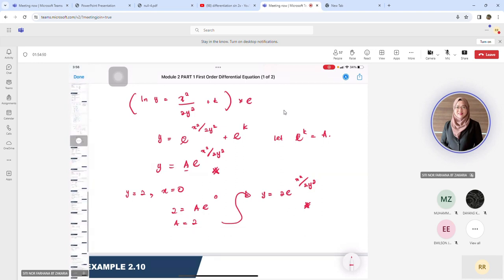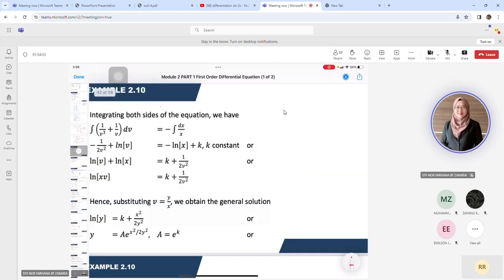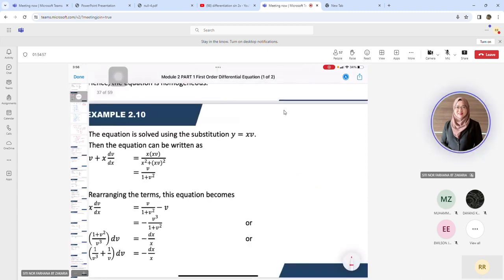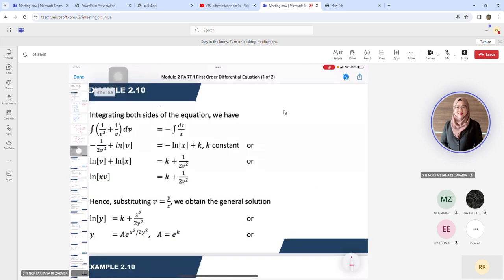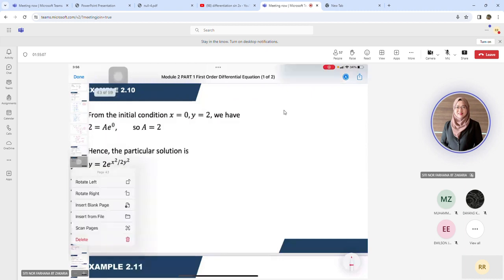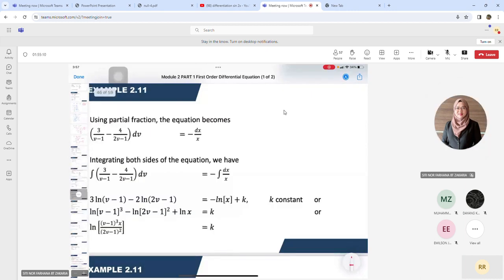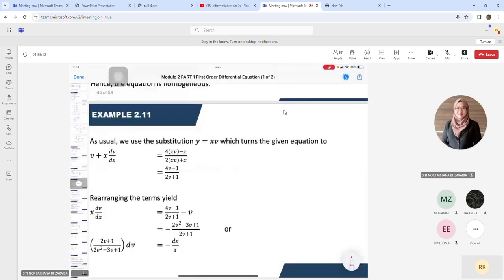So for this method, we have only done until example 2.10. So I leave example 11 as homework.